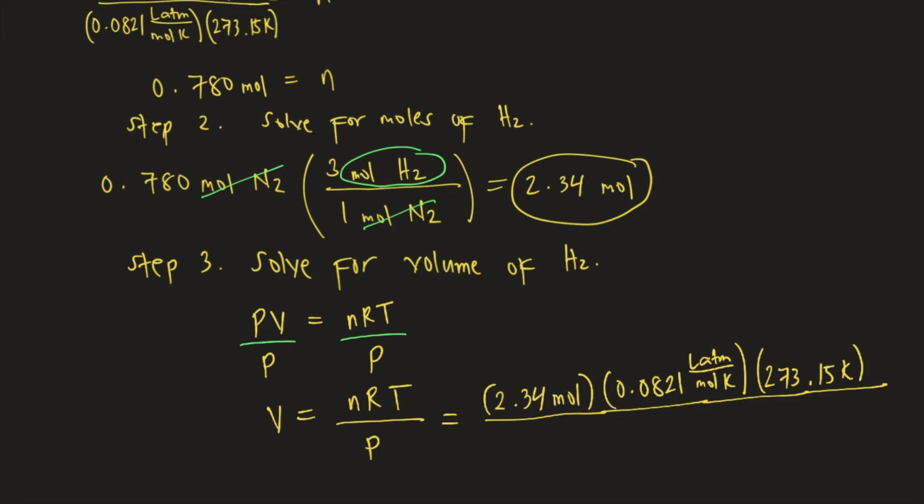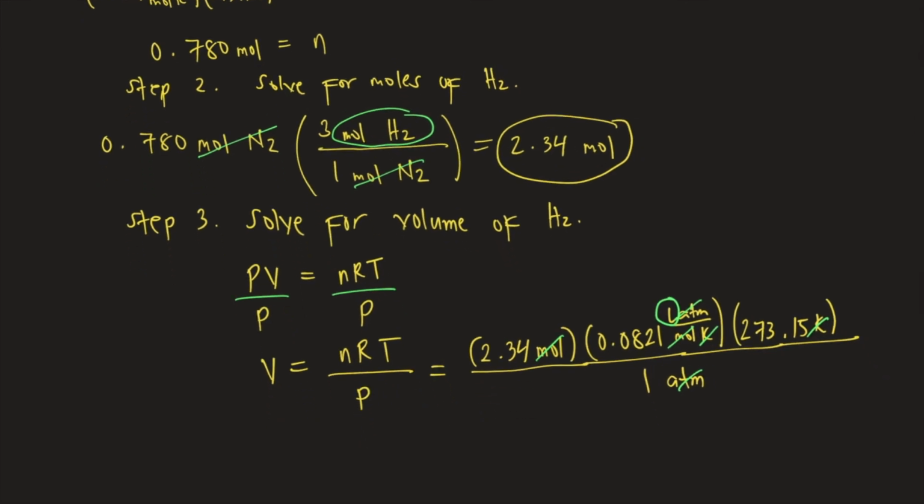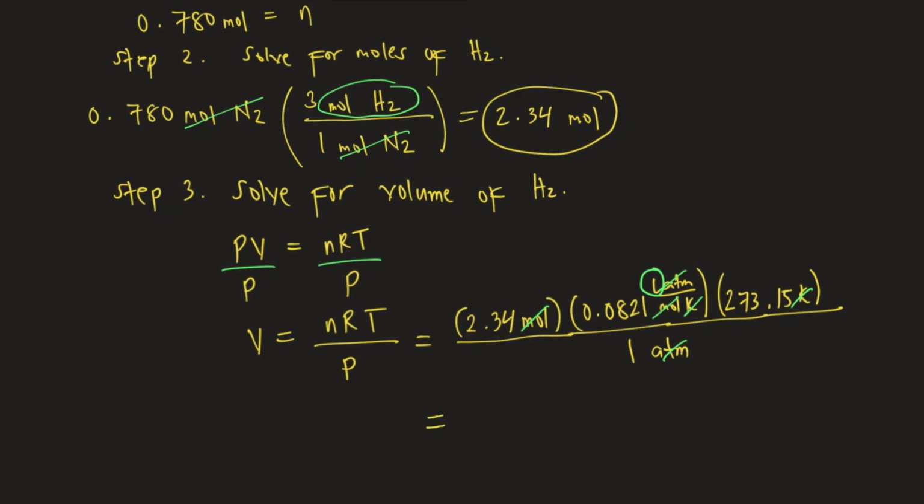Divided by P or pressure, standard pressure is 1 atm. So if you look at how the units would cancel, moles would cancel, Kelvin would cancel, atm would cancel, our unit would be liters, which is the unit for volume. So if you solve for the volume of hydrogen gas, this is equal to 52.5 liters. And this is the answer to the question.